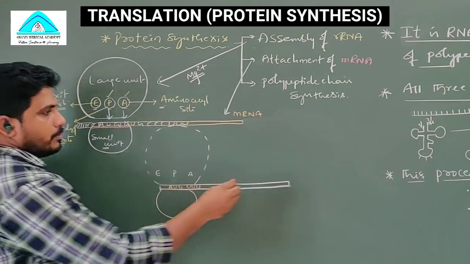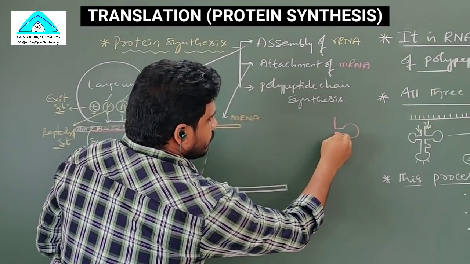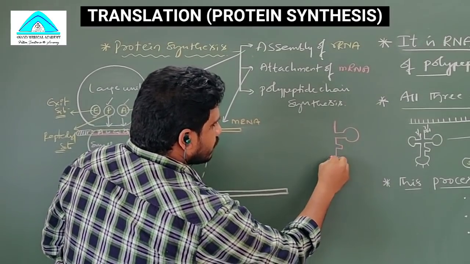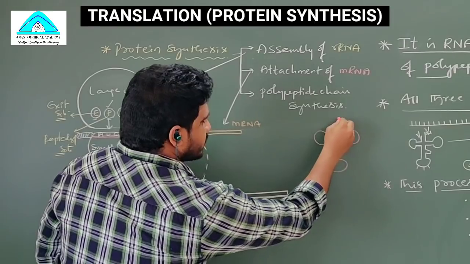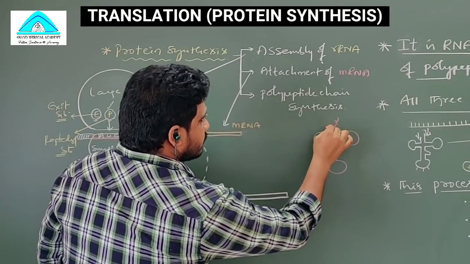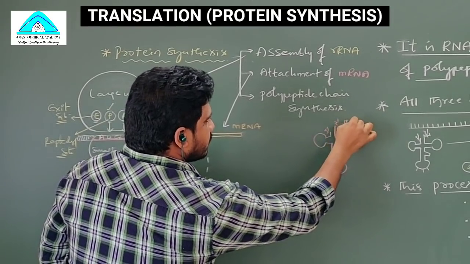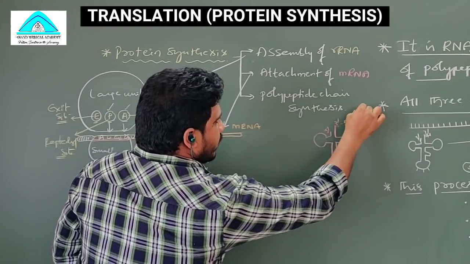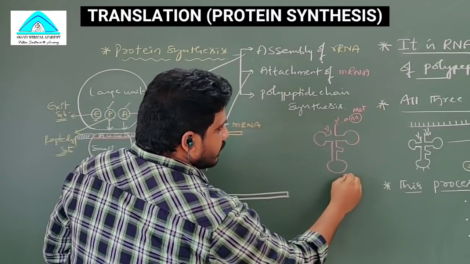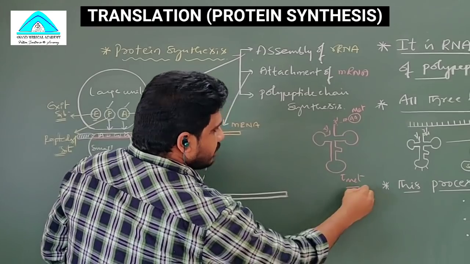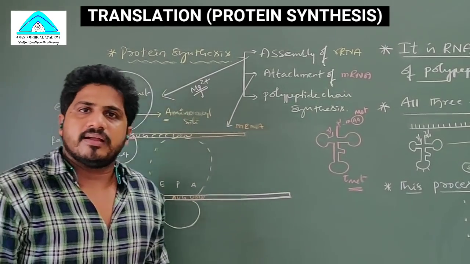Understand? So, suppose this is one tRNA. Who is bringing the very first amino acid? That is nothing but methionine. Then this tRNA is called tRNA-fMet, the tRNA which is bringing methionine.